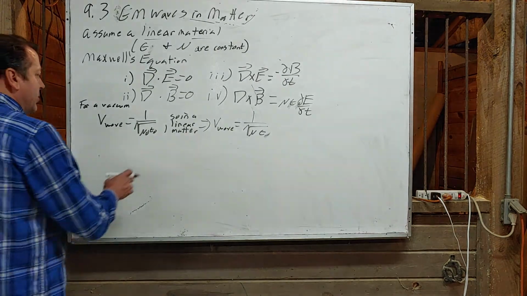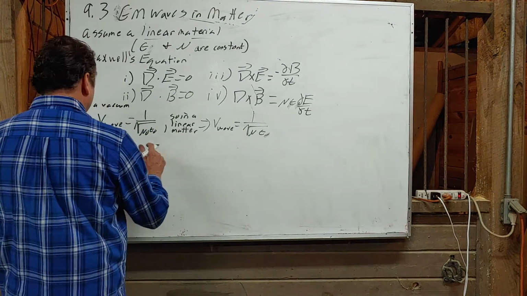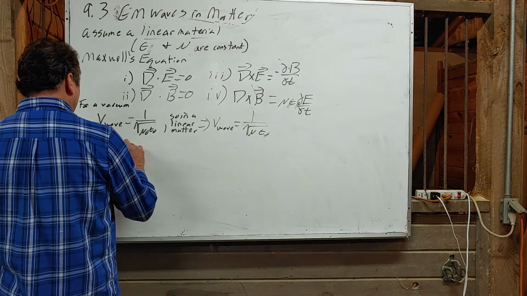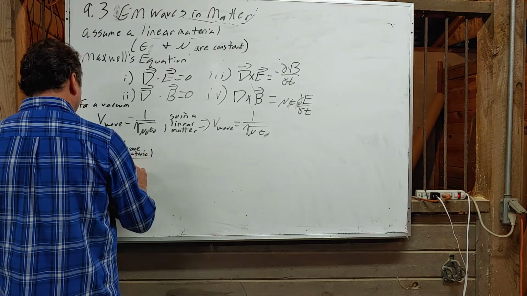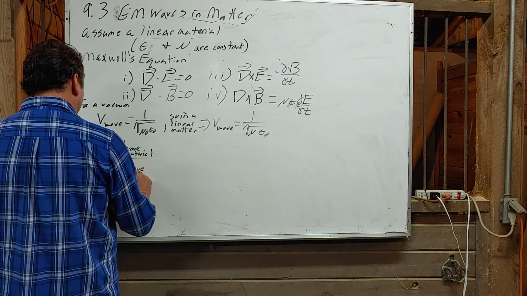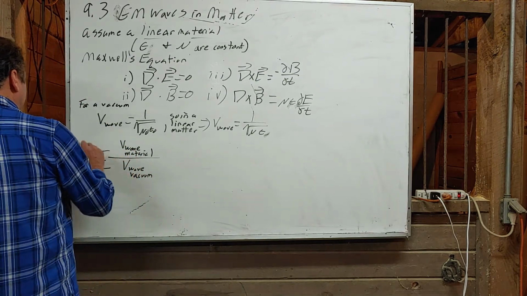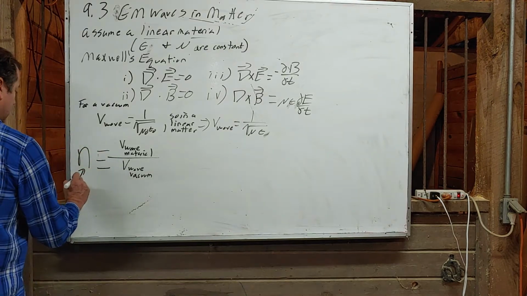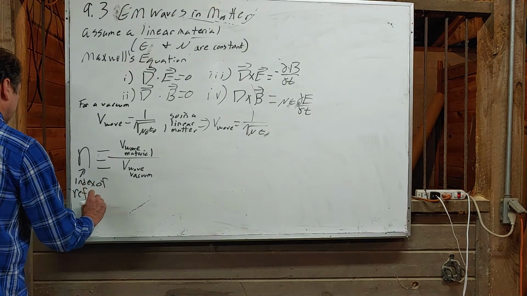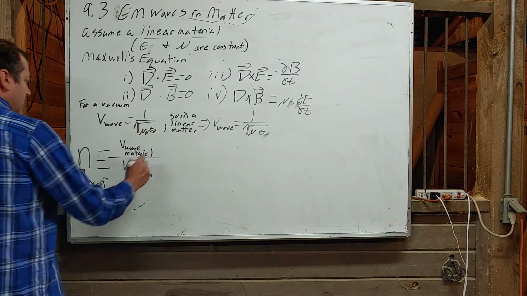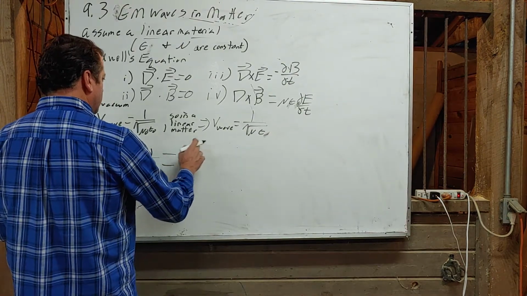So taking these two, let's make the ratio of the velocity of the wave in a material over the velocity of the wave in a vacuum. We're going to define that as n, and n, if you know from optics, is the index of refraction. And that ratio is going to be, we take the square roots.